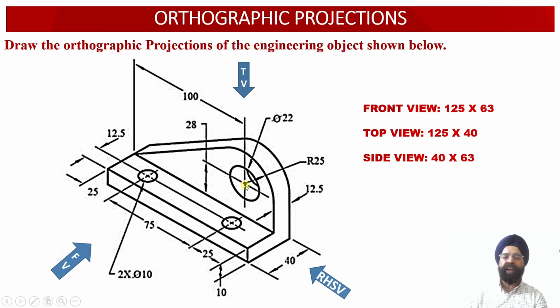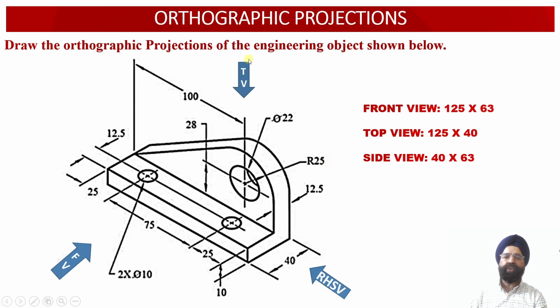And from the central point, we have got a circular arc having radius equal to 25 millimeter. So this way, the height of the solid we have obtained as 28 plus 25 plus 10, that is 63 millimeter. So the front view face will be having the dimensions 125 millimeter as the width and 63 millimeter as the height of the solid over here.